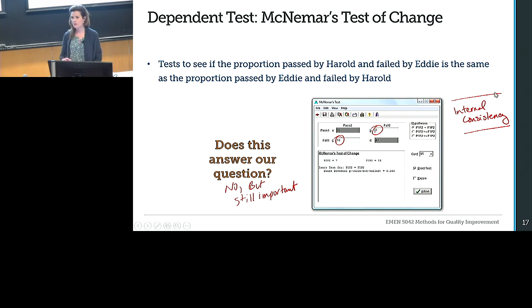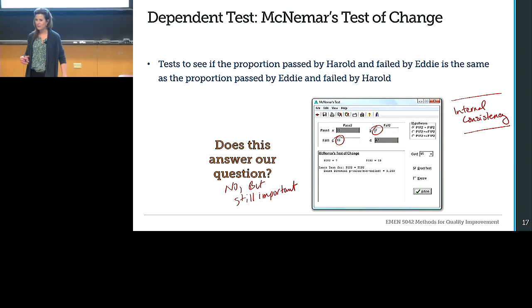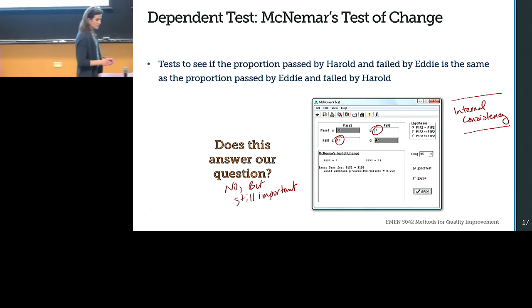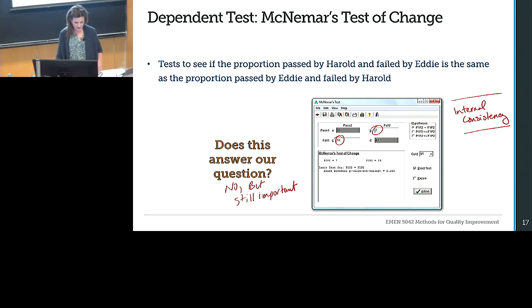If I ask you questions on, I don't know, like a test or something, or like you're in 5043 and I want you to do a measurement system analysis on discrete gauge, you'll want to be testing this, and I'll show you how to go through and actually do that. Okay? So no, it doesn't, but it's still important. This one only looks at disagreement.